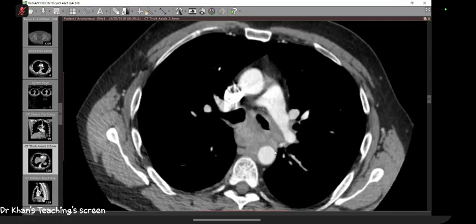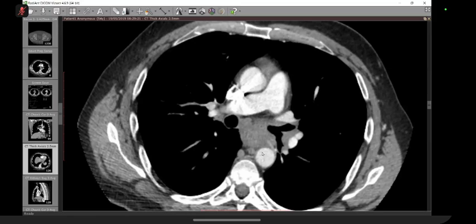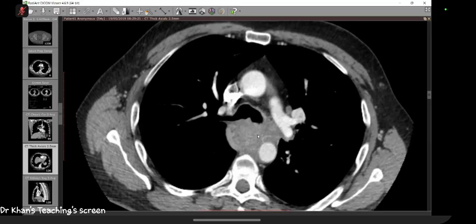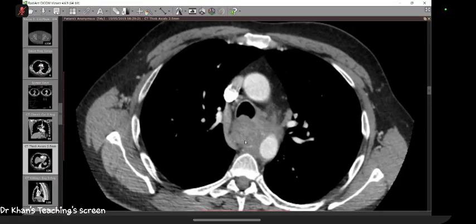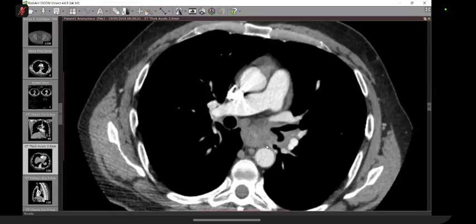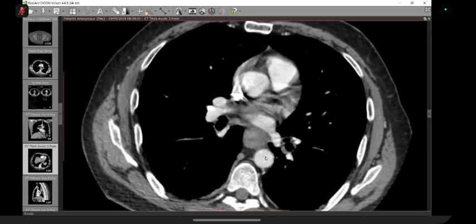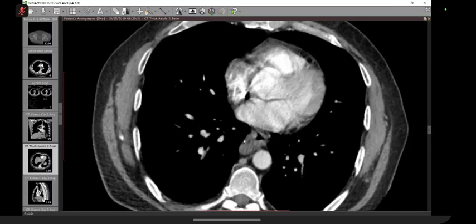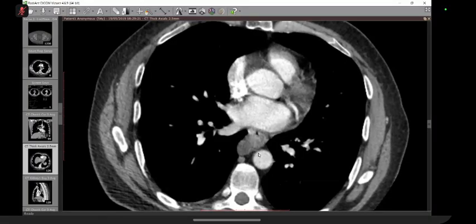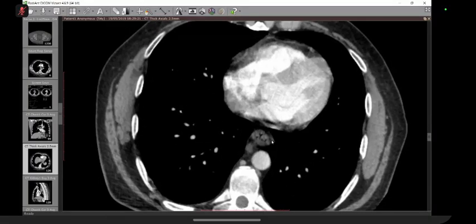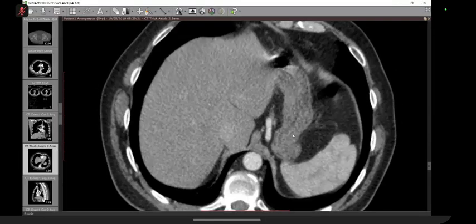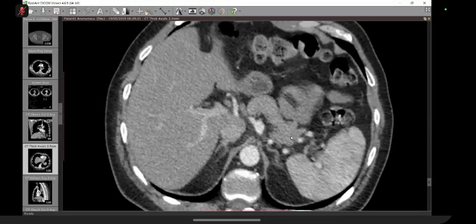Now when we continue below, we are going down, and even here one can see it was touching the aorta. Look at this thing. This is a lymph node, but there are others. I'm not concentrating on lymph nodes, and then we go into the gastroesophageal junction. So this is a T4 tumor.